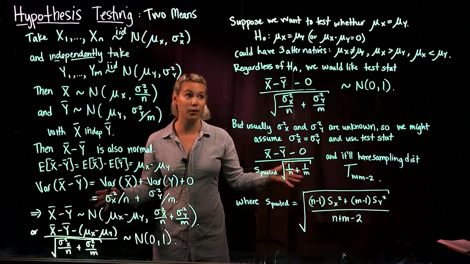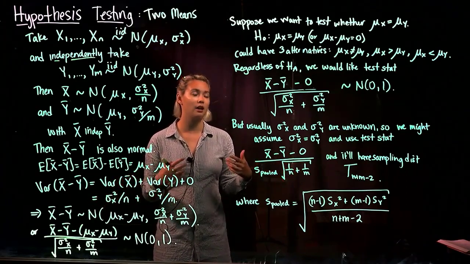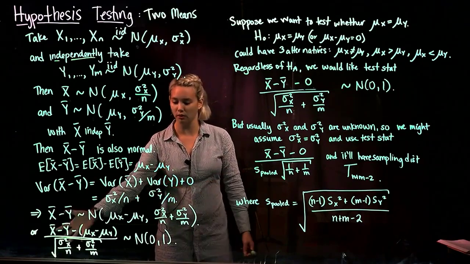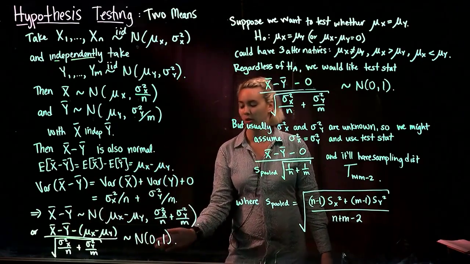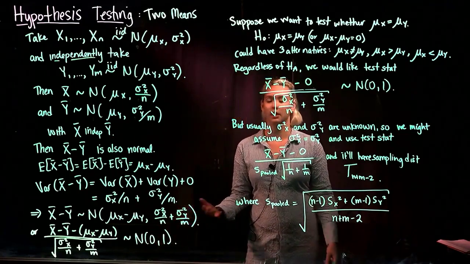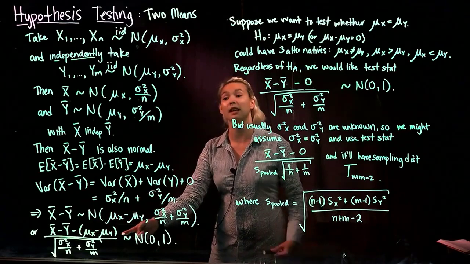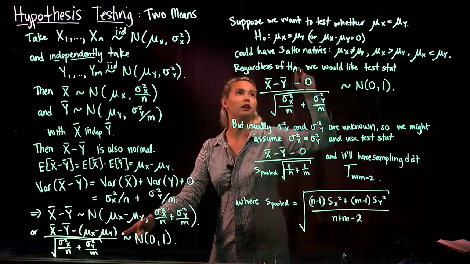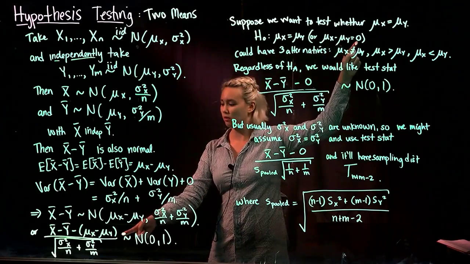So regardless of what the alternative hypothesis is, we need a test statistic. And what we would really like is if we could use this test statistic here, because we know its sampling distribution is standard normal. So let's go ahead and rewrite this, but take into account the fact that our null hypothesis is mu x minus mu y equals 0.